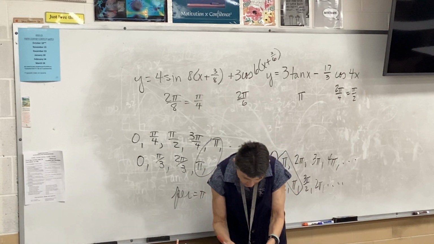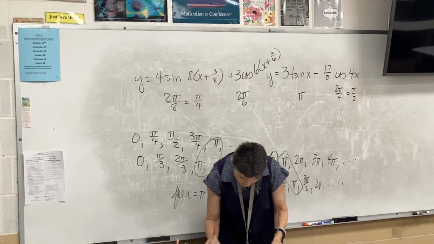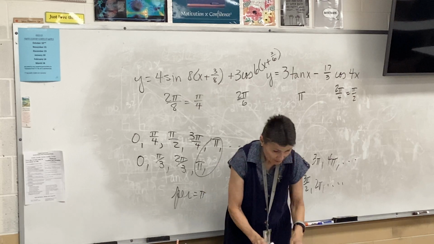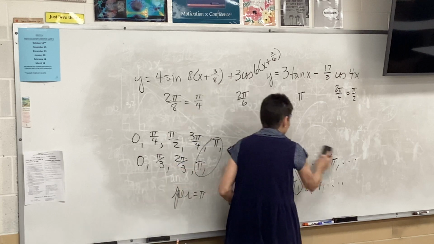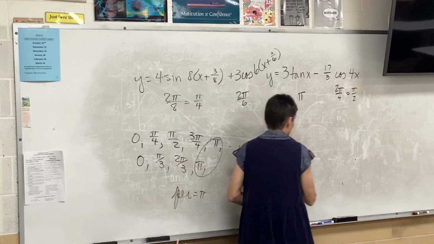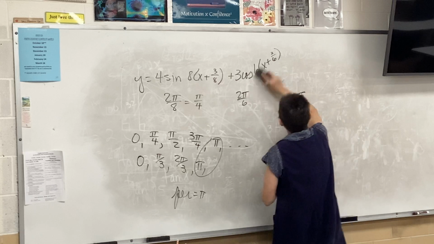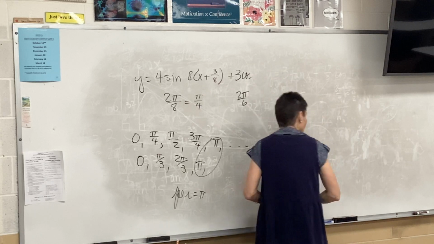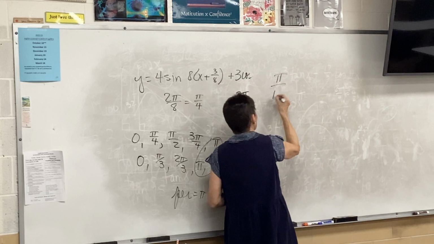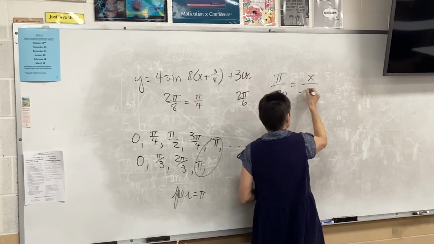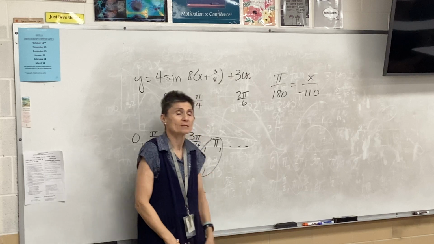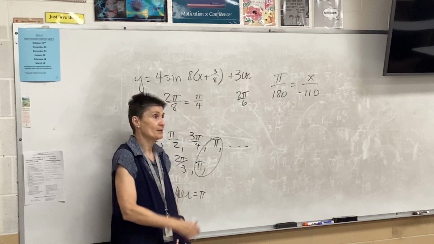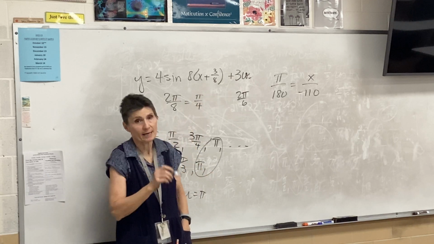Okay, now review 2 number 15. Change negative 110 into radians. Well, there are lots of ways to do this. The way I do it, and will always do it, is pi is to 180 as something is to negative 110. My proportion never lets me down. There's nothing to memorize. I know that pi radians is 180 degrees.